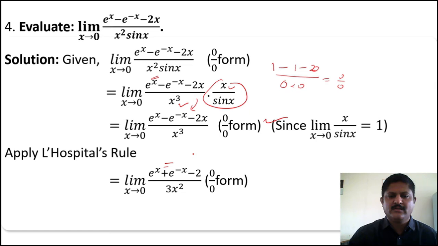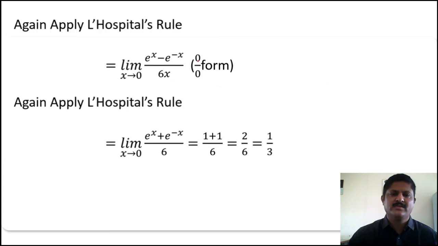Again apply L'Hospital's rule, which equals limit of x tends to 0, e power x minus e power minus x divided by 6x. Again put x tends to 0: e power 0 is 1, 1 minus 1 divided by 0, 0 by 0 form.